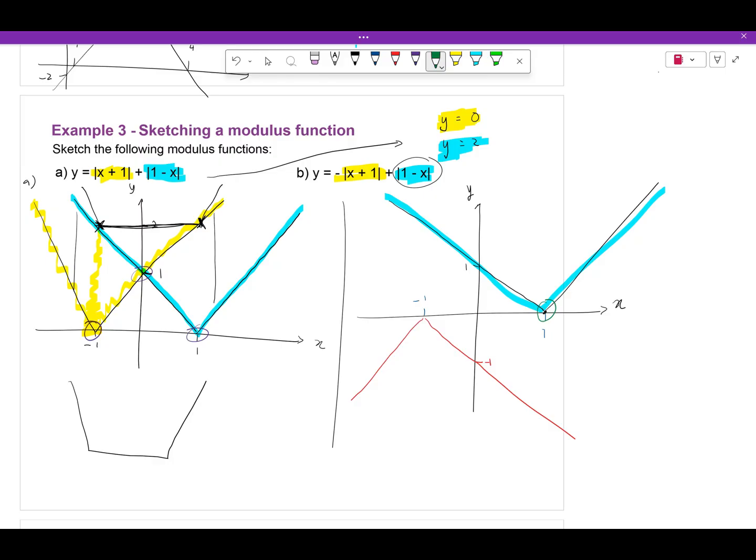So we see that y equals negative 2 plus 0, which is just negative 2. So here we have negative 2 in this case, or you can say because of the negative, it stays unchanged. Same goes here, it will stay here.